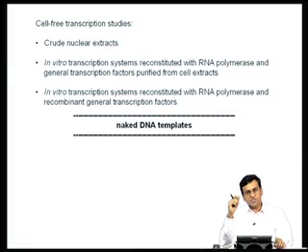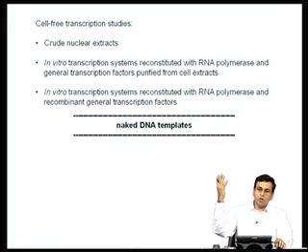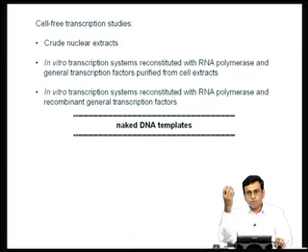People started realizing that naked DNA templates may not really reflect the real situation in in vivo systems. So they started using what are called chromatin templates. People who were studying chromatin structure and organization developed protocols for purifying various histones like H1, H2A, H2B, H4 and so on.